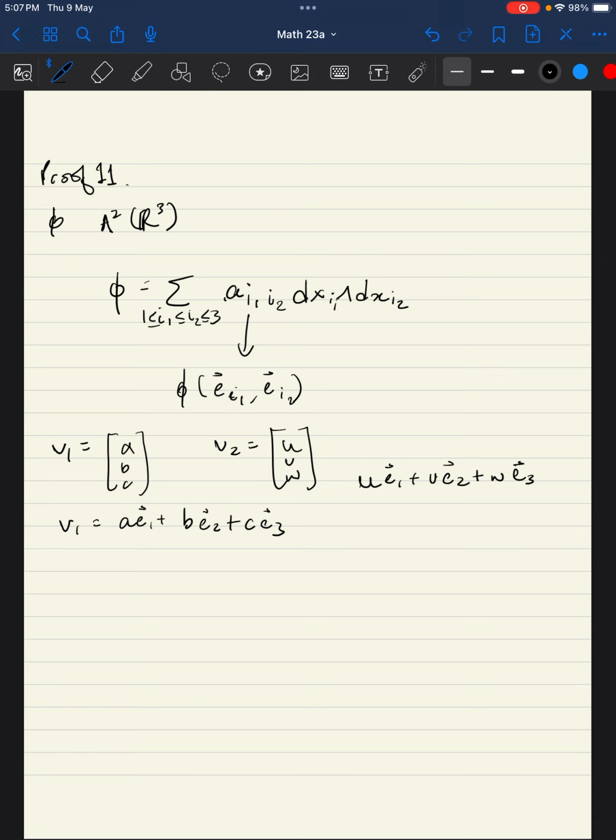Alright, so now we can write this down as phi of V1, V2 is equal to phi of AE1 plus BE2 plus CE3, and V2.